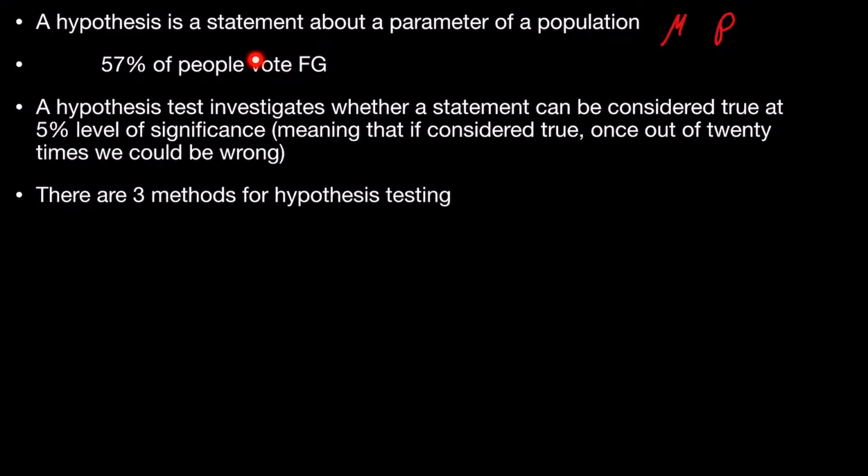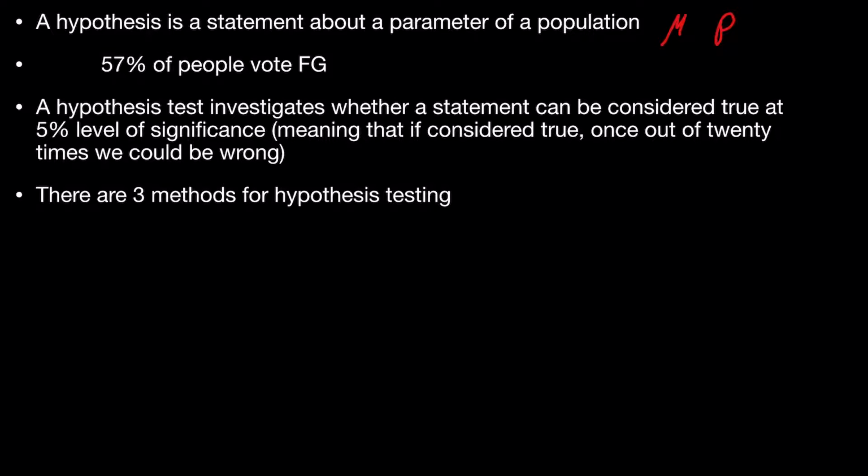And the meaning of the level of significance is that if this statement about a parameter of the population was said to be true, then at 5% level of significance, 1 out of 20 times we make this claim based on the sample that we collect, we would make that claim incorrectly.